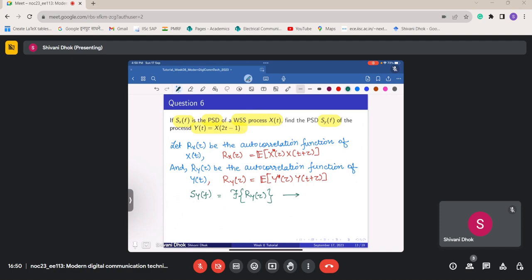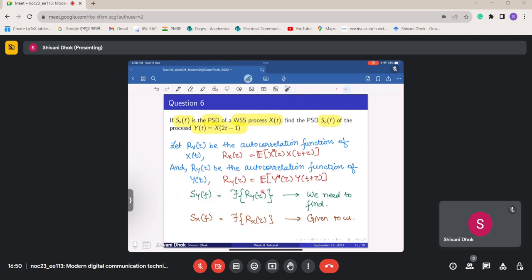This is what we need to find. Okay, so in order to find this Sy of f, what we need to find first is this Ry of tau. Another thing to note here is this Sx of f is equal to the Fourier transform of Rx of tau, and this is given. So using this given information, we need to find this Sy of f.